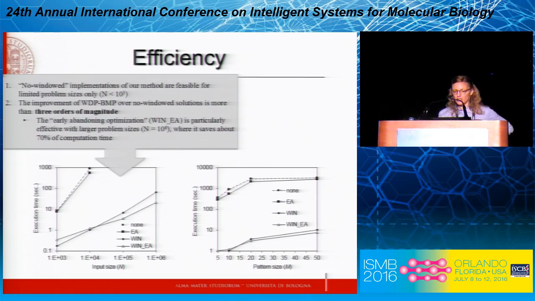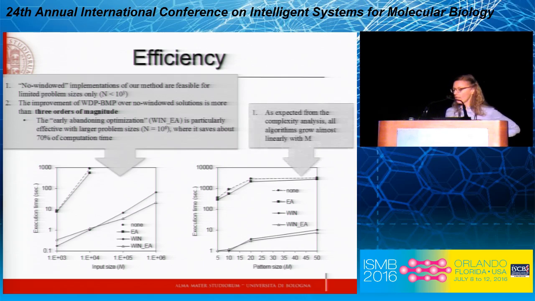In particular, when N is 1 million target regions, we save about 70% of the computation time. On the other side, we have just a confirmation of what we found from a theoretical point of view: the complexity grows linearly with the number of elements of the pattern.